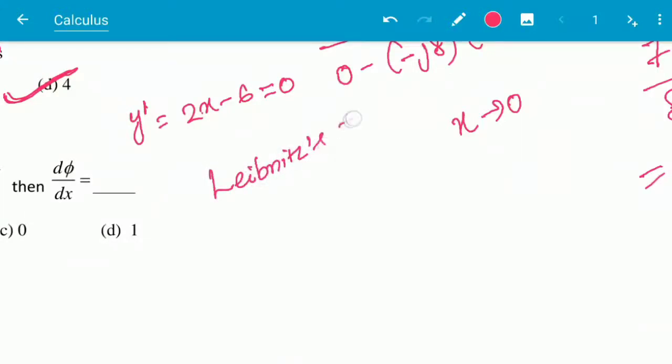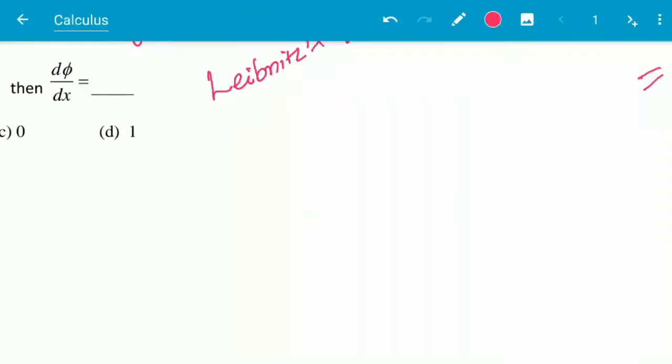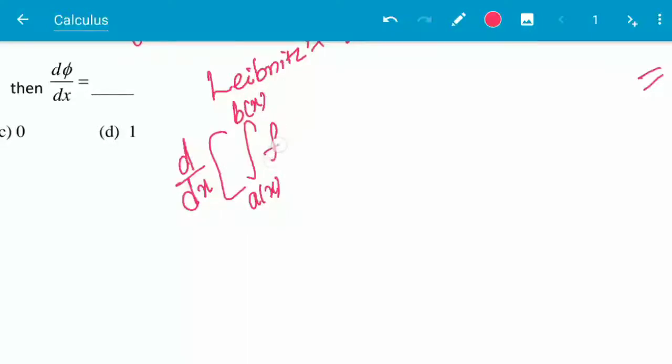What is the Leibniz theorem? I am writing here the expression for the Leibniz theorem. Differentiating the whole term, here a and b are both functions of x, the limits are functions of x, and this is the original function f of x, t.